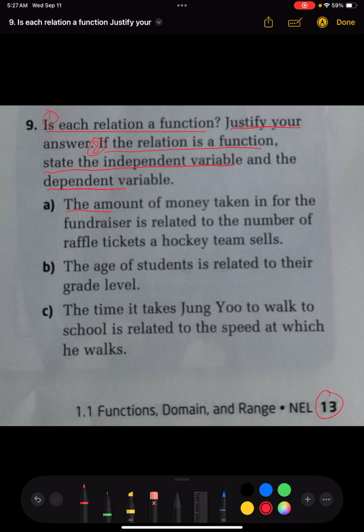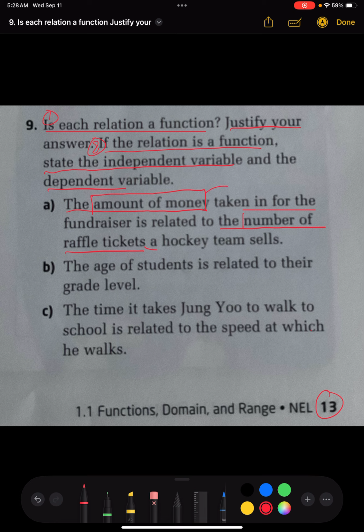So we start with the first. The amount of money taken in for a fundraiser is related to the number of raffle tickets a hockey team sells. So I have two variables, amount of money and the number of raffle tickets sold. So, what depends on what?